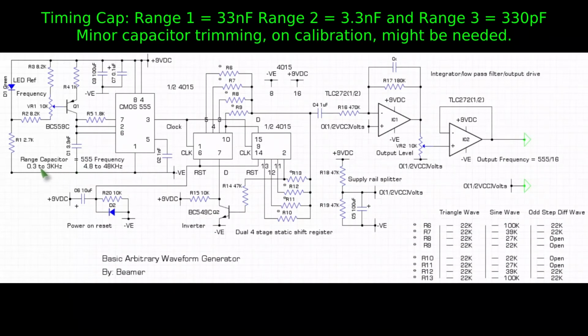And range 3 would be from 3 kilohertz to 30 kilohertz, and that would translate into 48 kilohertz to 480 kilohertz. Incidentally, range 1, of course, would be 480 hertz to 4.8 kilohertz.